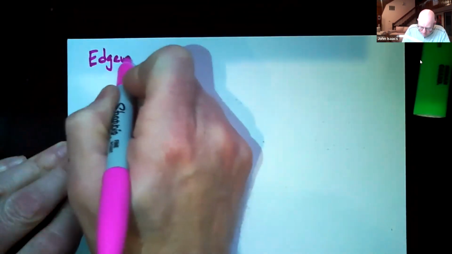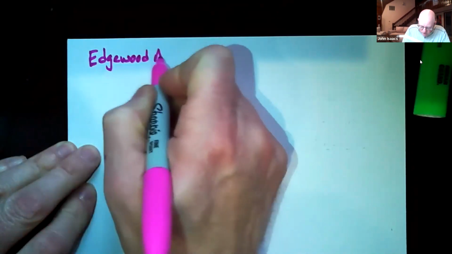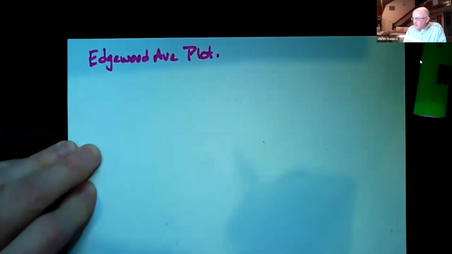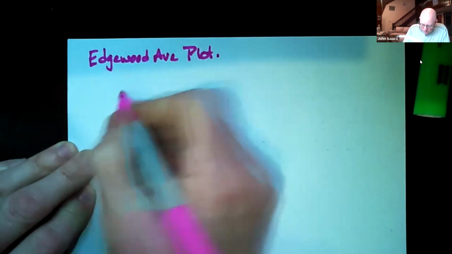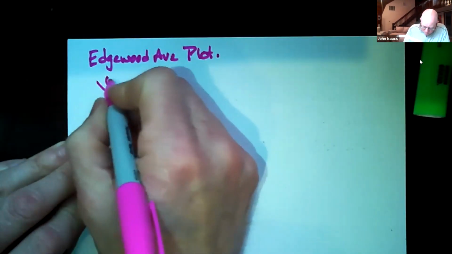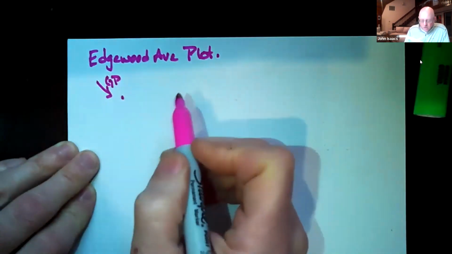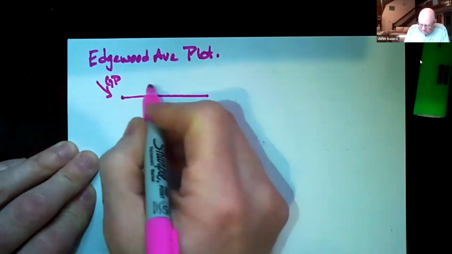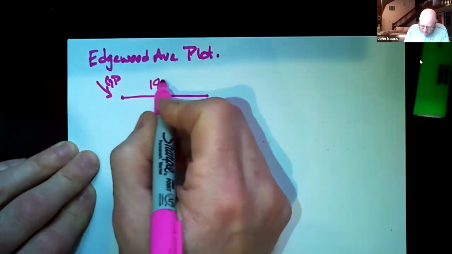All right, so we're going to call this Edgewood Avenue. Edgewood Avenue plot. Okay, so granite post, GP. I'm going to go 195 feet due east. It's like traveling left, 195.